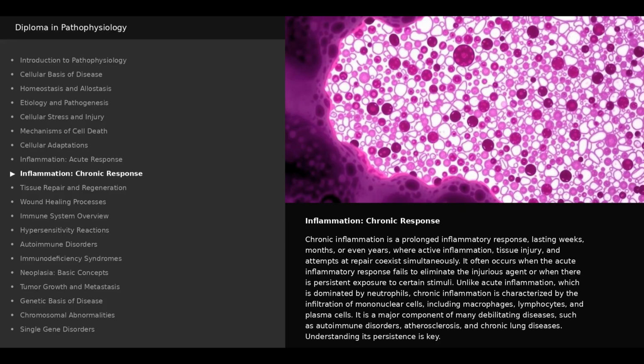Unlike acute inflammation, which is dominated by neutrophils, chronic inflammation is characterized by the infiltration of mononuclear cells, including macrophages, lymphocytes, and plasma cells. It is a major component of many debilitating diseases, such as autoimmune disorders, atherosclerosis, and chronic lung diseases. Understanding its persistence is key.